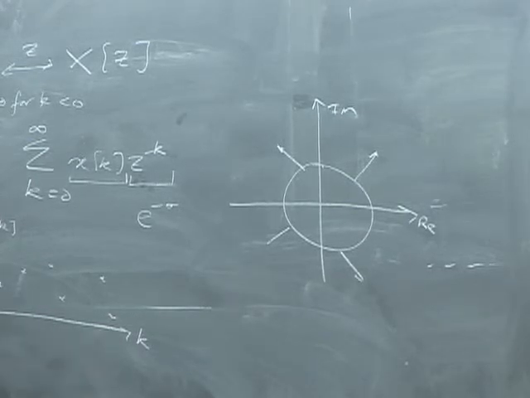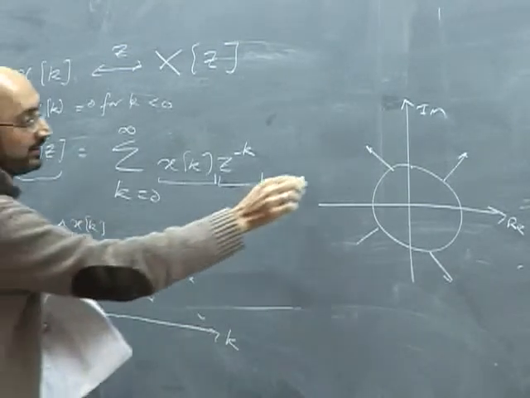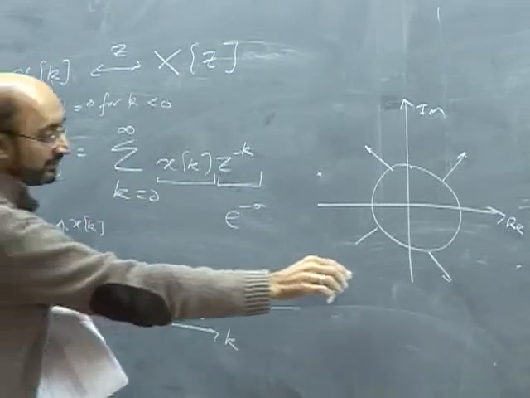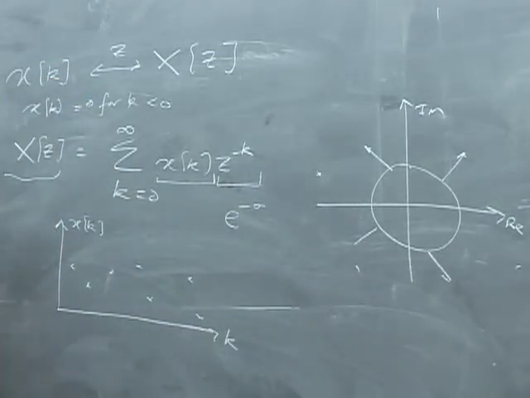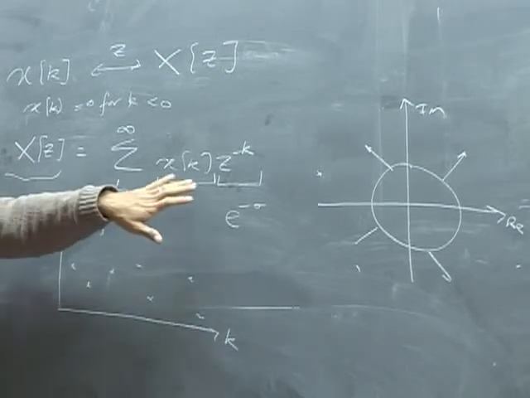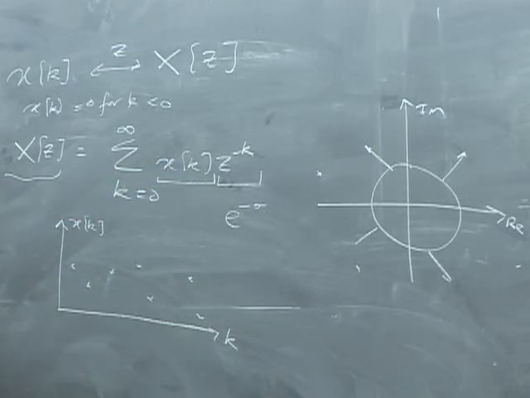And so the transform value is a function of what value you pick. If you pick this value over here, you get some value of the sum. If you pick that value, it's some other value of the sum. So it's a function of z, and that's why we have X of z over here.